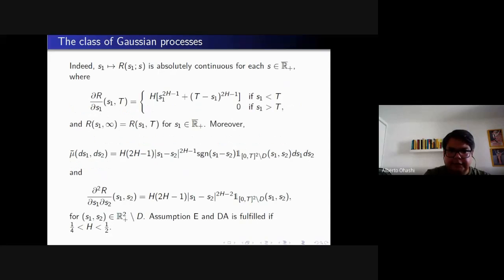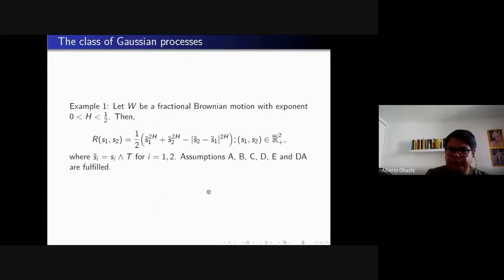And so the most important object for us, I just want to bring attention to the second order derivative. This is the formula. Fractional Brownian motion is a classical example of rough path theory, but it has stationary increments in the probability sense.